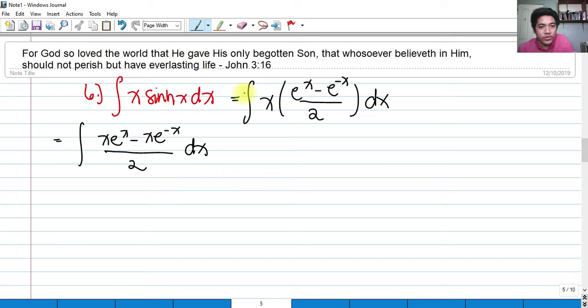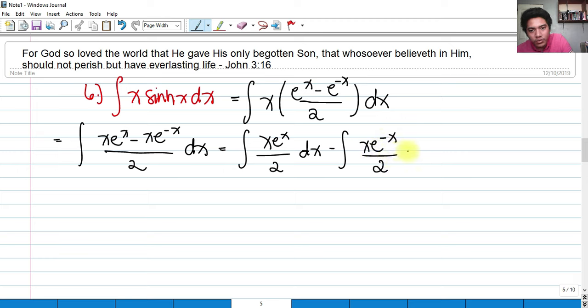Okay, I can separate those two, wherein I will be having the integral of x e raised to x over 2 dx minus the integral of x e raised to negative x over 2 dx.